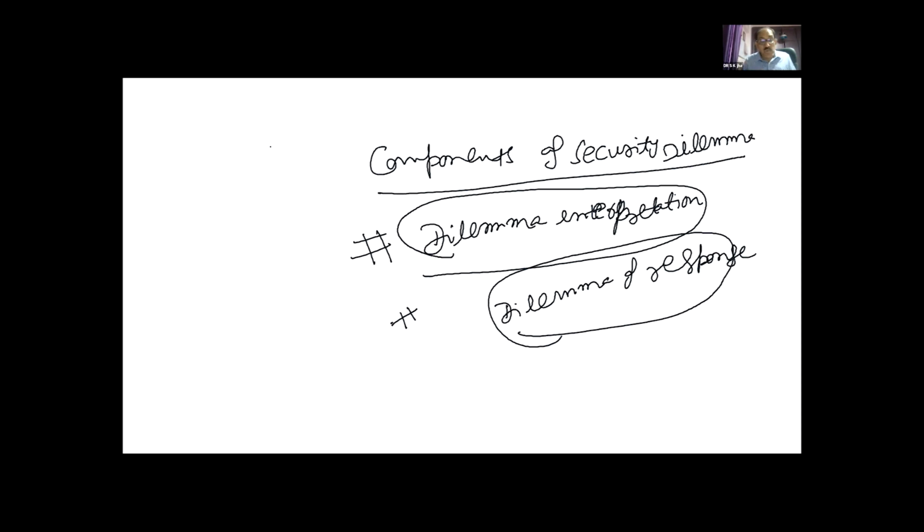Now, coming to the dilemma of response. What is the meaning of dilemma of response? How should a country facing a dilemma respond? You have seen the Chinese response when India was trying to enhance its border infrastructure. China retaliated. So dilemma of response means how the concerned country should react: whether it should take a military confrontation with its opponent, or try to defuse the tension.